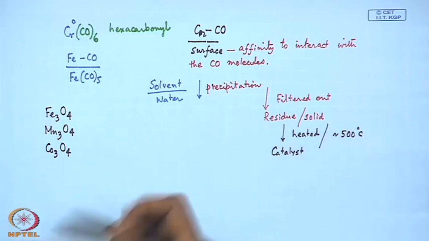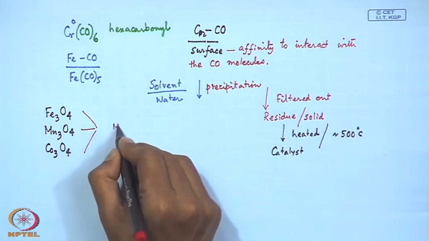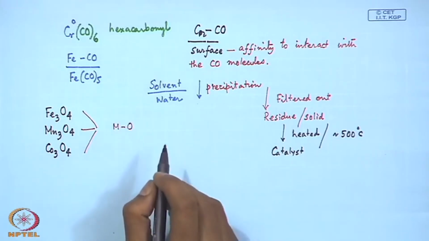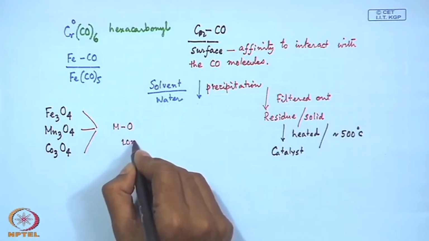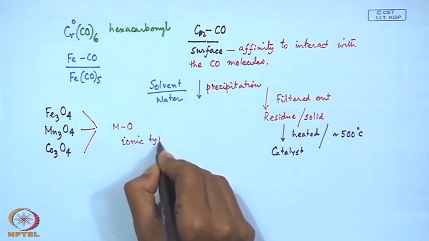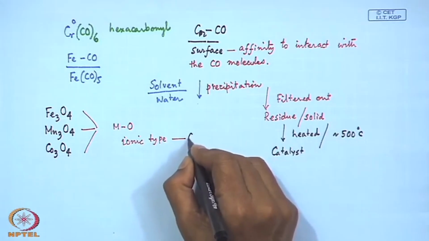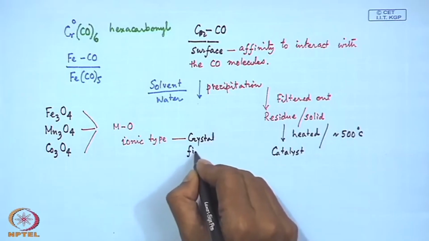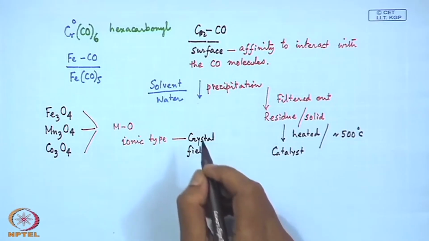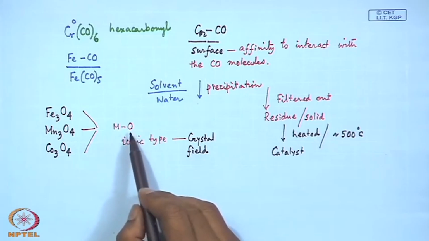So these structures are there, and all these molecules or systems can have a very strong M-O bond, and the nature of this M-O bond is ionic type. So all the color and all other things can be very well explained in terms of the corresponding crystal field, which we can exert on the corresponding metal center due to the presence of these oxides.